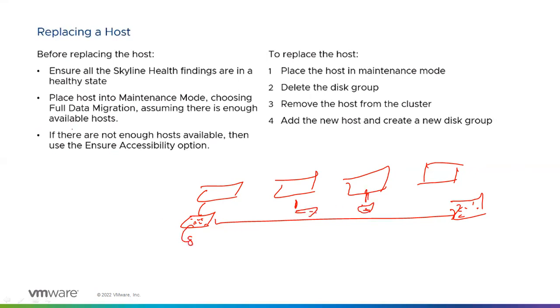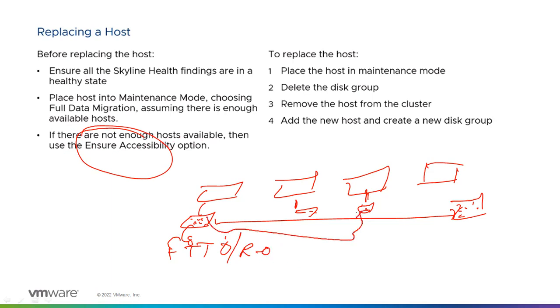But still, within the ensure accessibility option, if you have some FTT 0, RAID 0, it will still migrate those, because otherwise, when you put in maintenance mode, that will be lost. For FTT 0, RAID 0 components, putting in maintenance mode, there would always be migration in both states, either full data migration or ensure accessibility, right?